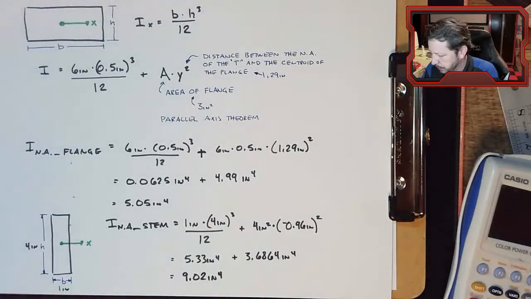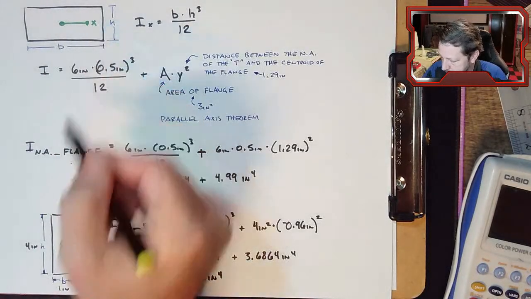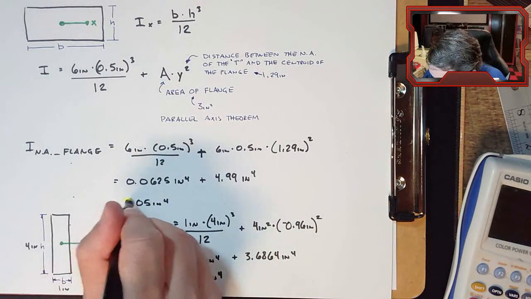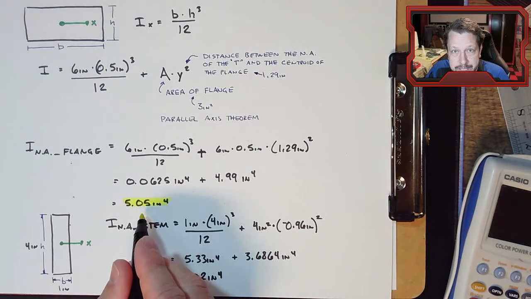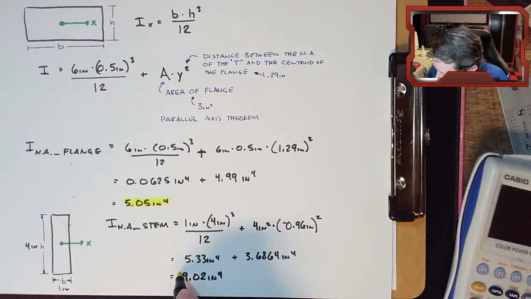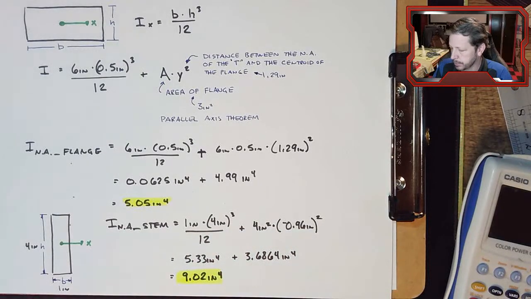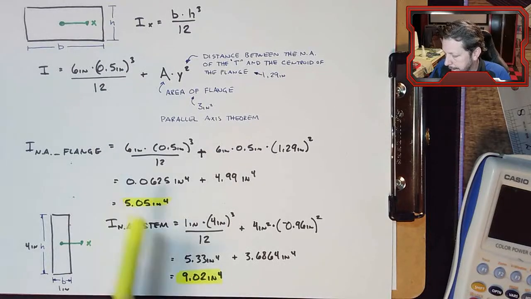All right, so I have two components to the two-piece T-beam. It has a flange and a stem. The flange is contributing this much to the neutral axis of the T. The stem is contributing 9 inches to the fourth. So I would add those together.